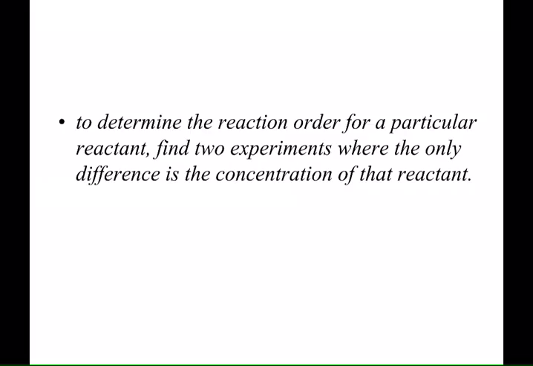So to determine the reaction order for a particular reactant, you need to find 2 experiments where only one thing was changed: the concentration for one reactant. And for the homework that's due on Monday, you'll be able to see that it was always doubled.